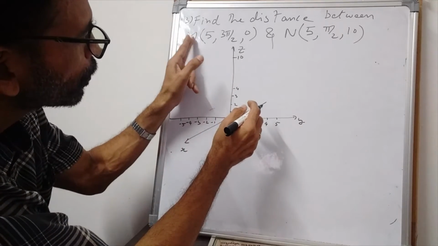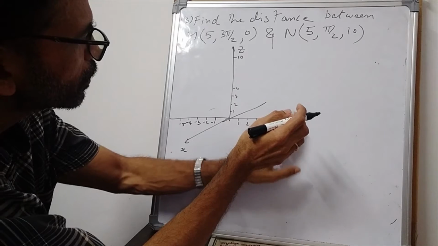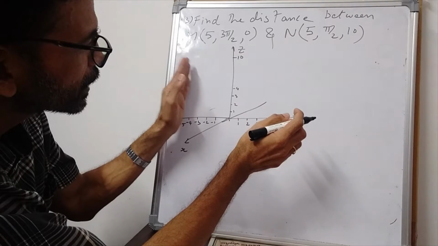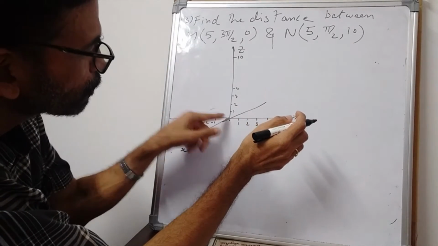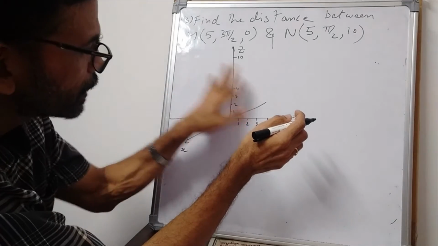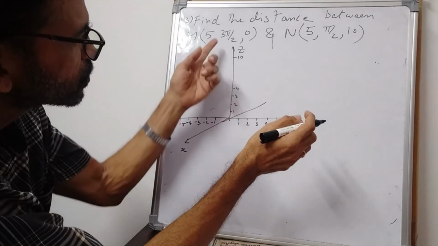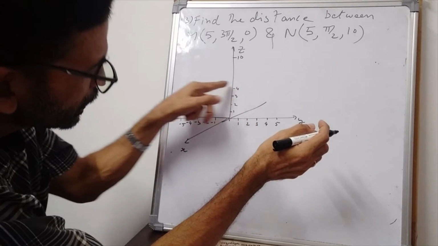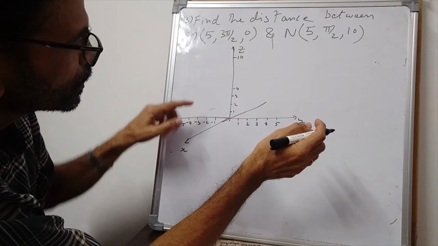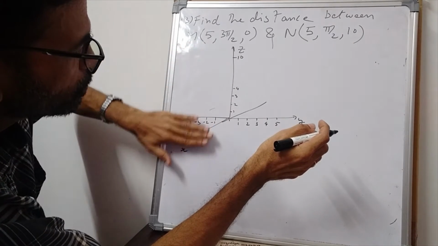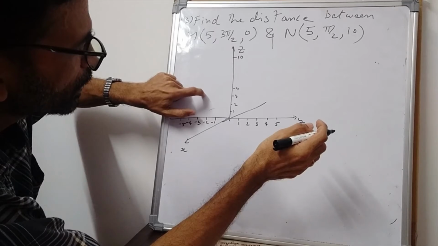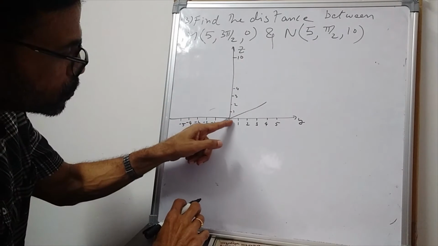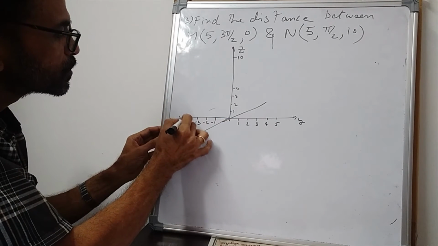That means the point M is lying on the YZ plane, on the negative side of the y-axis, because the angle is 3 pi by 2. And rho being 5 and z being 0, we could locate that point to be this.